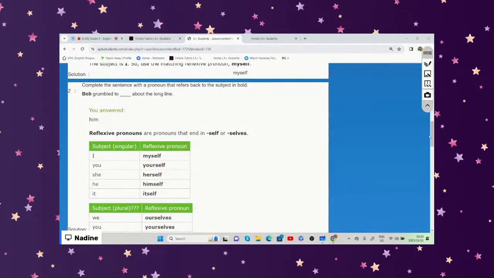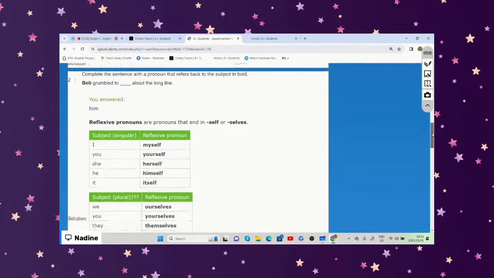And then it says Bob grumbled too about the long line. Bob grumbled too about the long line. We need to choose the reflexive pronoun that refers back to Bob.